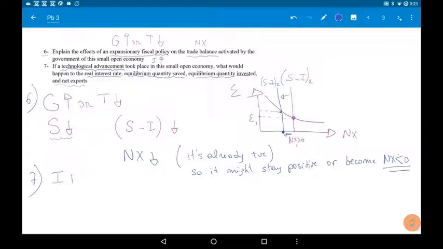If I increases, we have the same level of interest rates since we're a small economy. S minus I will decrease, so net exports will also decrease. We're in the same situation as question 6, and NX is positive with a value of 146. It will decrease, become 0 maybe, or become negative.